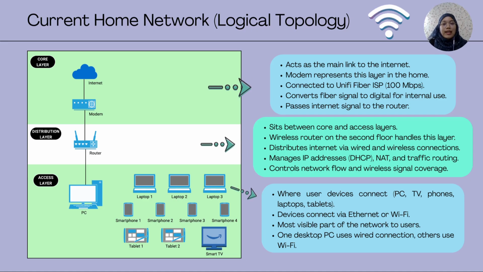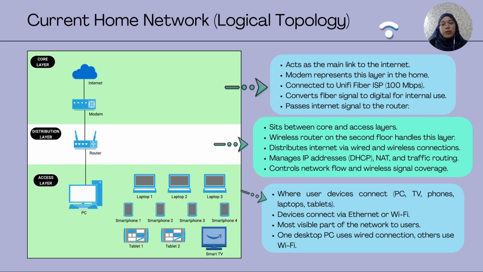And lastly is the access layer. The access layer is where the end user devices connect to the network. These include devices such as the desktop PC, smart TV, smartphones, laptops, and tablets. These devices access the network either through Ethernet cables, which are the wired connections, or Wi-Fi, which is the wireless connection. The access layer is the most visible part of the network to the user, as it enables them to browse the internet, stream videos, or play online games.